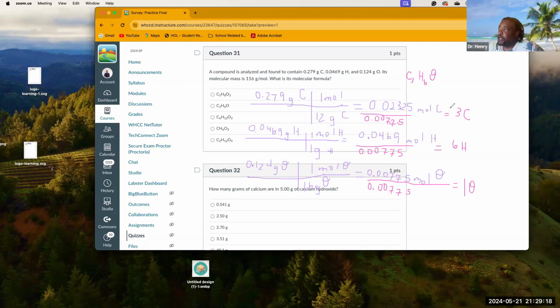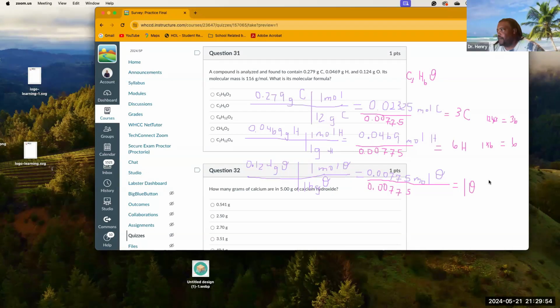Okay, so then what we're going to do is take its molar mass. So we have 3 times C, which is 12 times 3, and that equals 36. And then 1 times 6, because hydrogen weighs 1, and we have 6 of them.